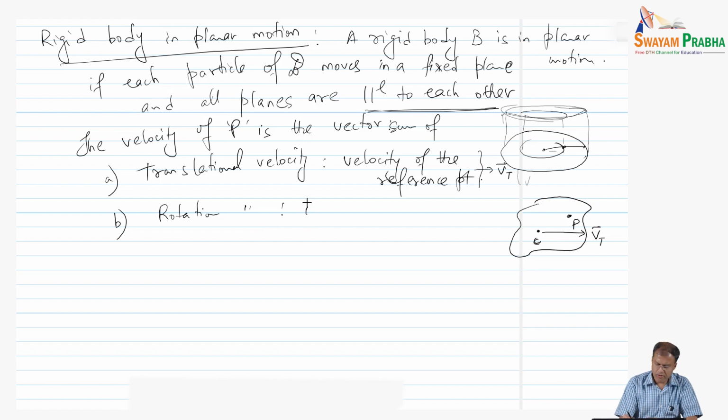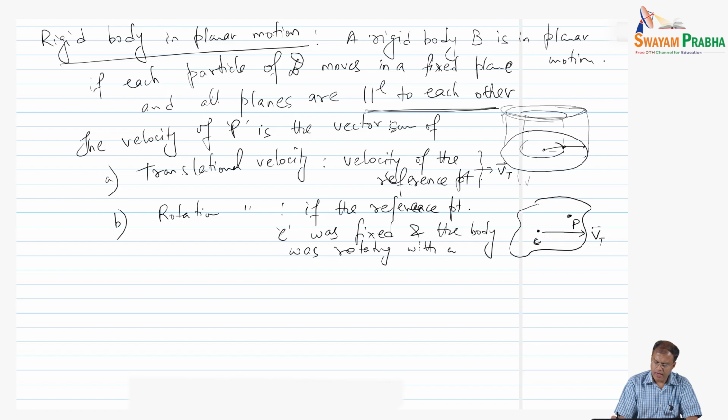So if the reference point C was fixed, then the body was rotating with angular velocity omega.